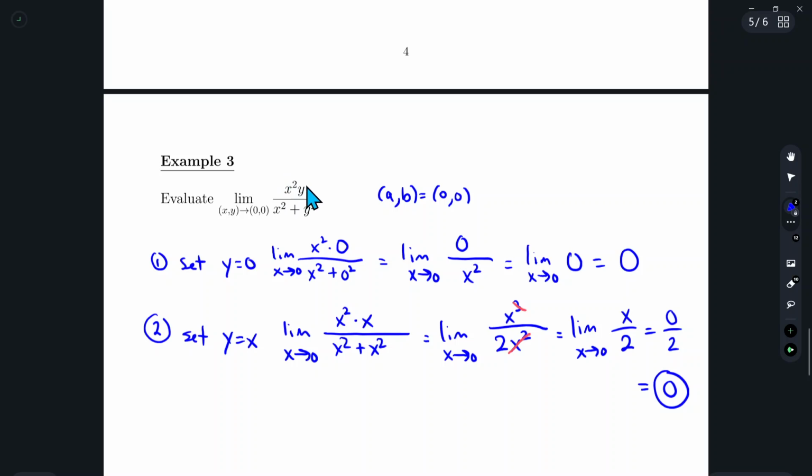So the degree on the numerator is 3, whereas the degree on the denominator is 2, right? So you do it one term at a time. The degree of this term is 2. The degree of this term is also 2. So overall, the denominator has degree 2. So in this case, the degree of the numerator is bigger than the degree in the denominator.